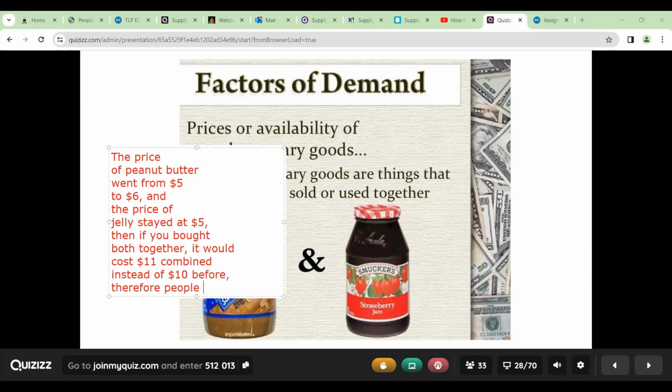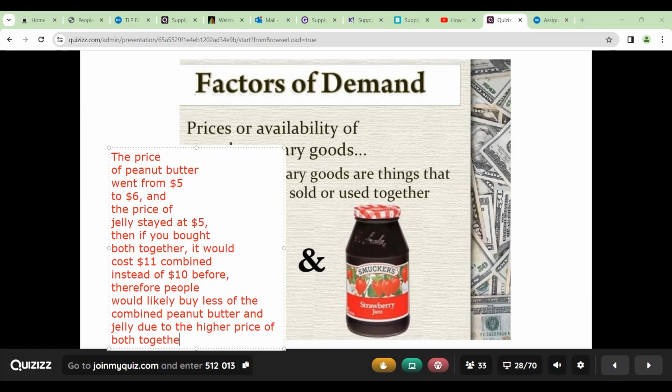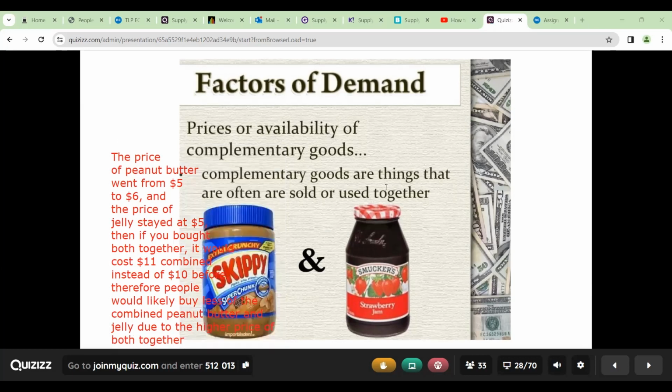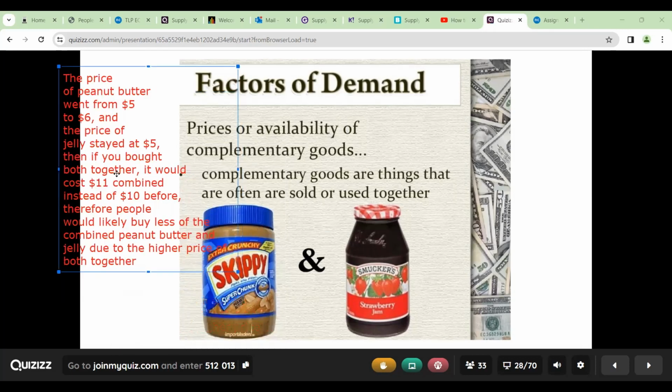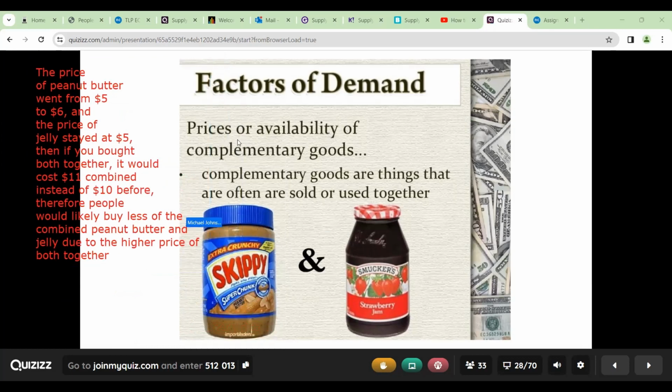Therefore, people would likely buy less of the combined peanut butter and jelly due to the higher price of both together. That's what would happen with complements. People usually buy this stuff together, and if it becomes more expensive, they buy less of it. That's usually what happens with complements here.